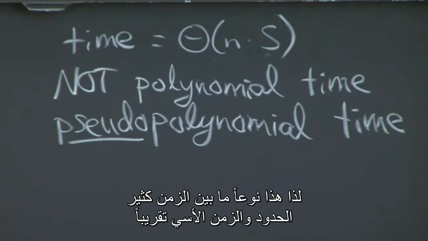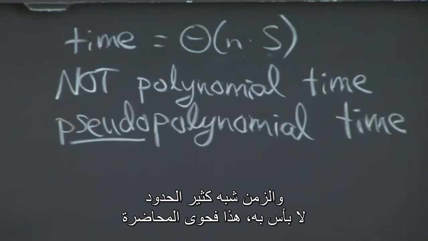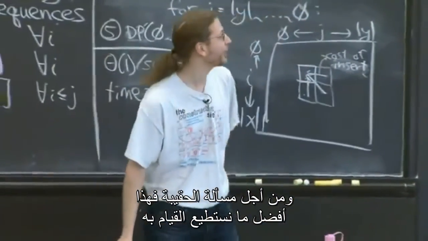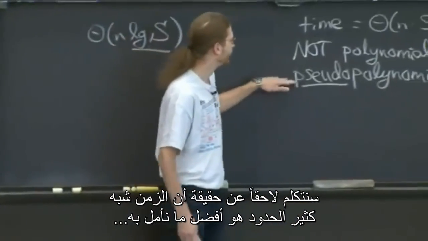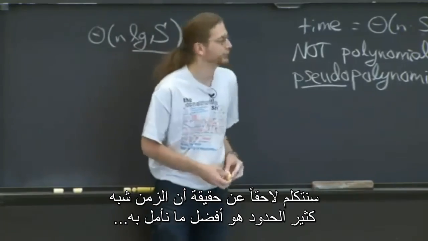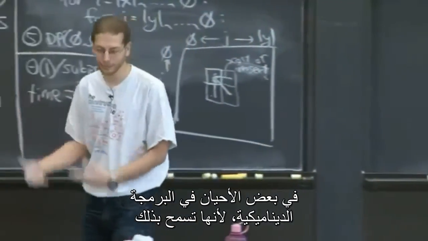So it's kind of in between polynomial and exponential, you might say. Polynomial good, exponential bad, pseudo-polynomial, it's all right. Okay? That's the lesson. And for Knapsack, this is the best we can do. As we'll talk about later, pseudo-polynomial is really the best you could hope for. So sometimes that's as good as you can do, and dynamic programming lets you do it.